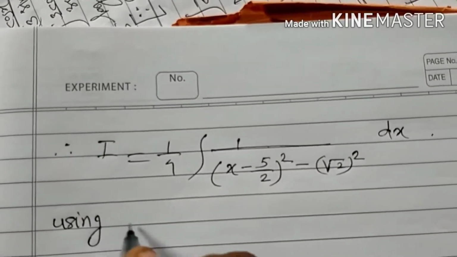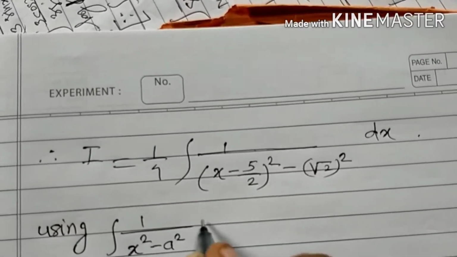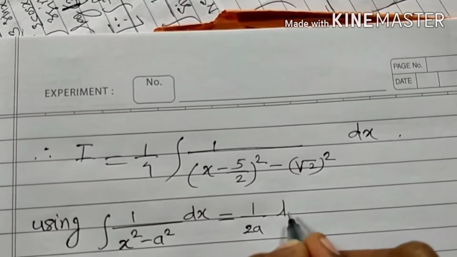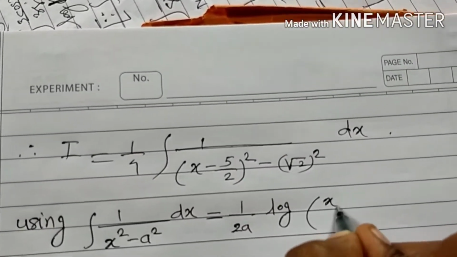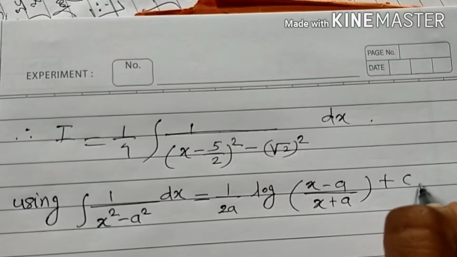Using integration of 1 upon x square minus a square dx is equal to 1 upon 2a log of (x minus a) upon (x plus a) plus c.